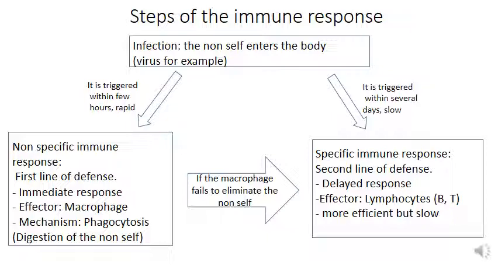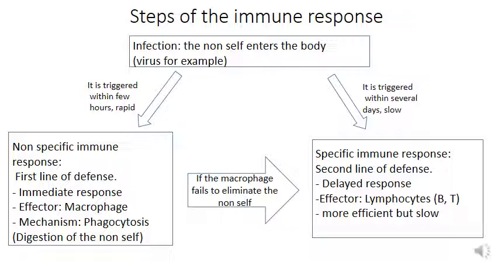A first step, which is triggered within few hours after the infection, and it is called a non-specific immune response. It's immediate response. The effector, that is the cell that is going really to eliminate the antigen, is the macrophage. How is this going to happen? Through phagocytosis, through digestion of the non-self.